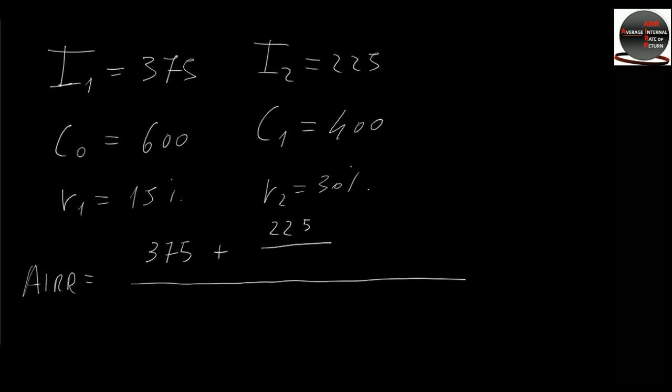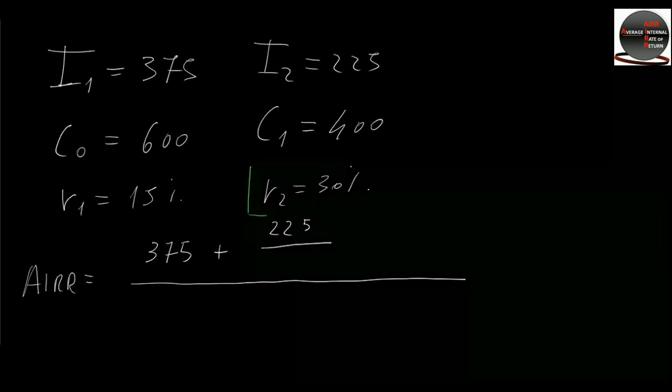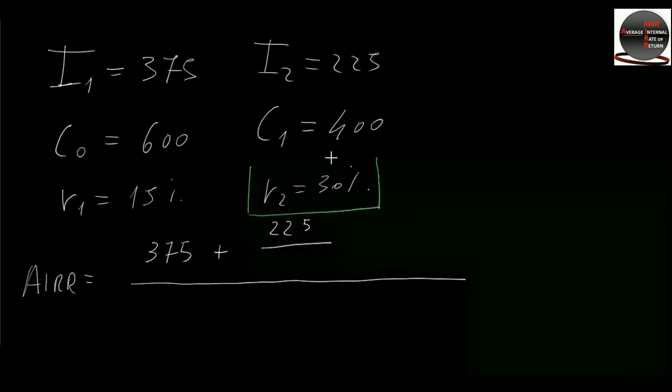So we have to use the second cost of capital, which holds for investment from time 1 to time 2. So if we want to discount, we have to use 30%. We discount from time 2 to time 1. So we have 1 plus 30%. As for the capital, the first capital is 600. 400 is discounted from time 1 to time 0.